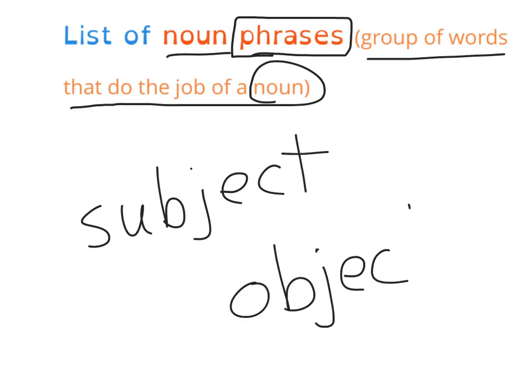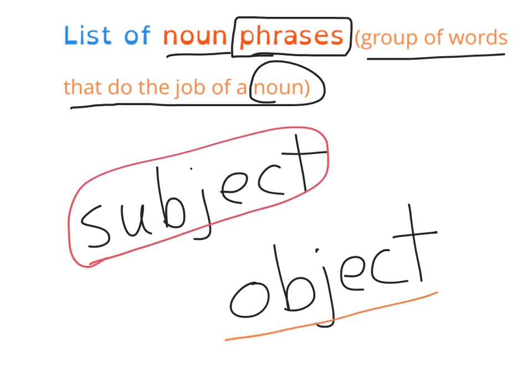And you will remember that I put subject inside a red box and I put object inside an orange box. Usually I put only one word inside the subject box and only one word inside the object box. But if we are using a noun phrase, then there will be more than one word in the subject box or more than one word in the object box.